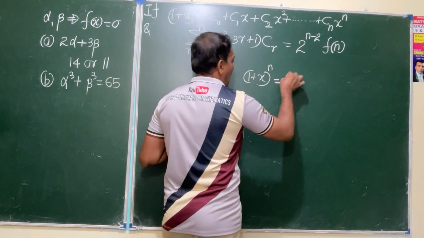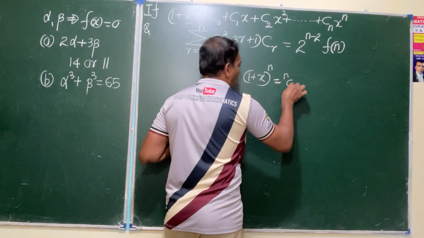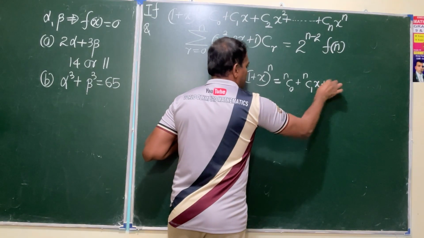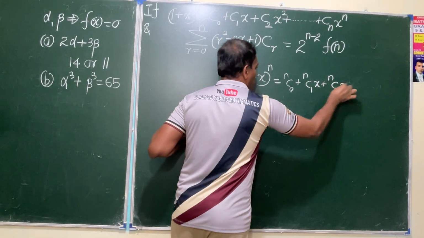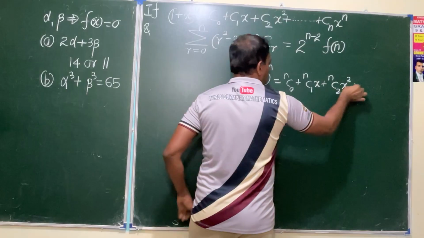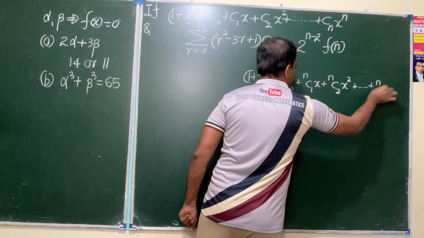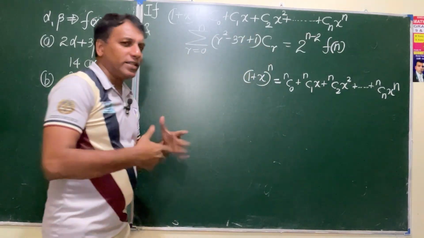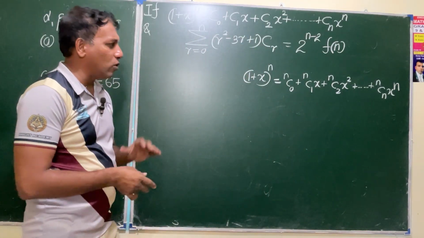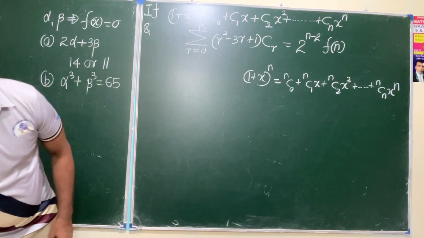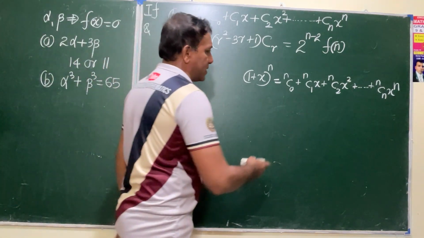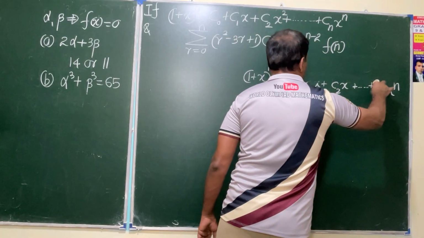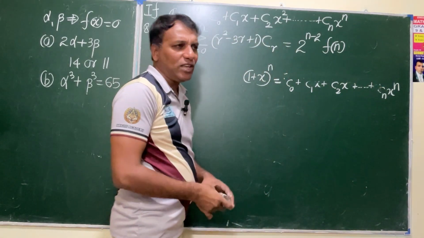This can be expanded as nC0 plus nC1 x plus nC2 x squared, and so on, up to nCn x to the power n, right? Or you can avoid the n, no problem. Without n we also write C0 plus C1 x plus C2 x squared, and so on up to Cn. That can also be shown without the nC0.